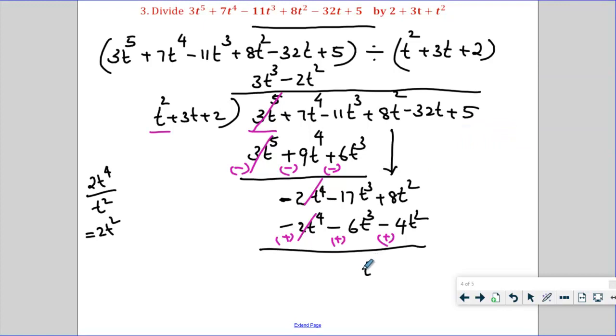We can write the variable as it is, minus 17 plus 6. Sign is different, so you have to subtract. 17 minus 6 is 11. Symbol is minus. Then here 8 and 4, both are the same sign, so plus 12t square. Now you have to bring the next term, that is minus 32t.